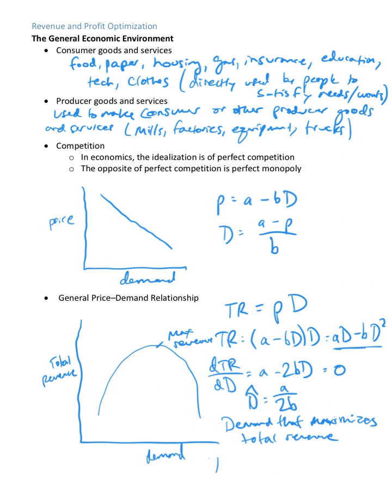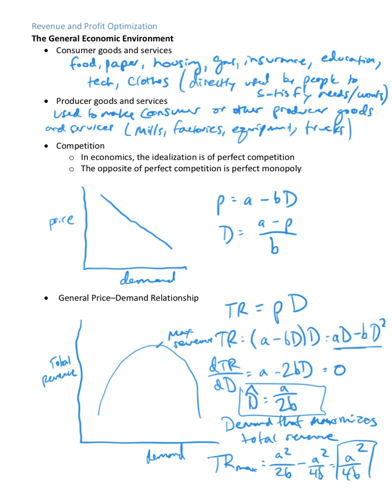I'm not going to show all the math for this, but TR max equals a squared over 2b minus a squared over 4b, which equals a squared over 4b. Okay, so we've got this and we've got this as two major outcomes.